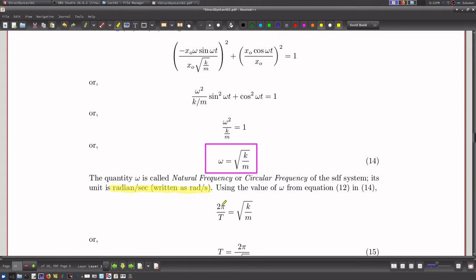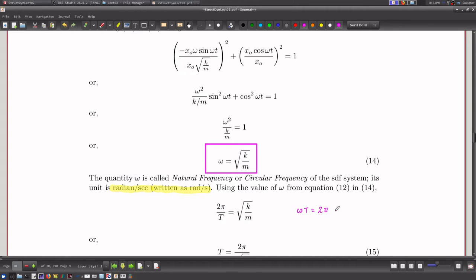Since in one cycle of motion there are twice pi radian, we can write that omega times the time period will be twice pi, and hence omega is also given by twice pi by T.